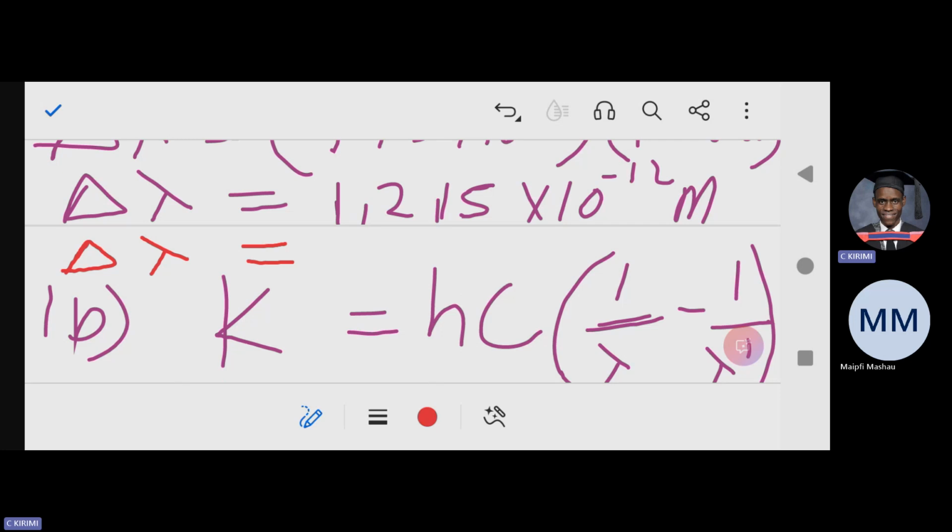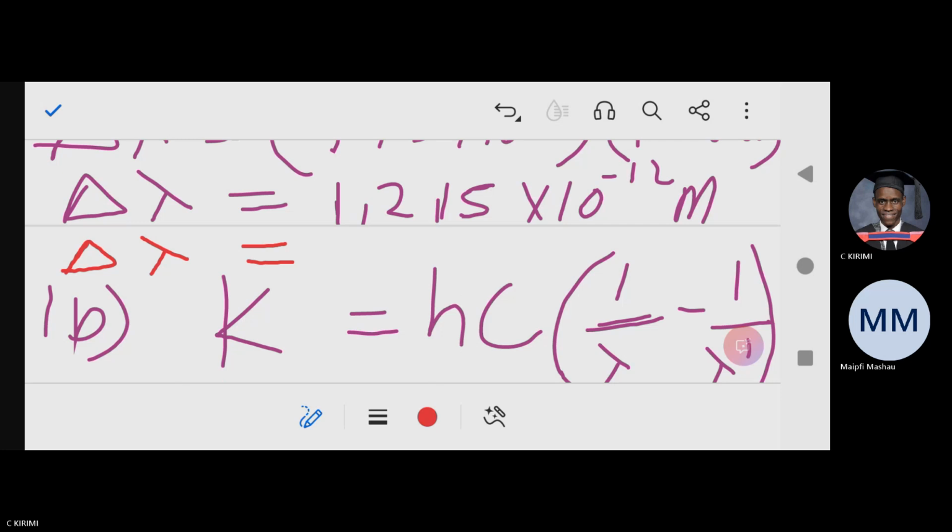What are you getting? 1.215 times 10 to the power negative 12 divided by 10 to the power negative 9.